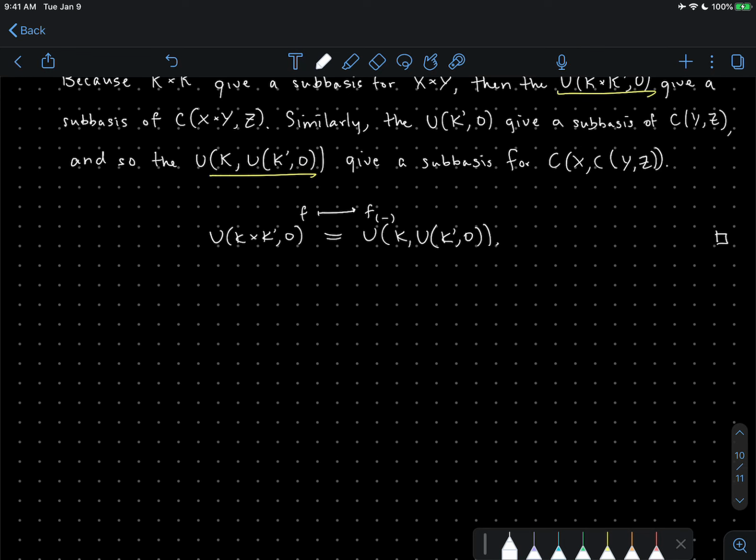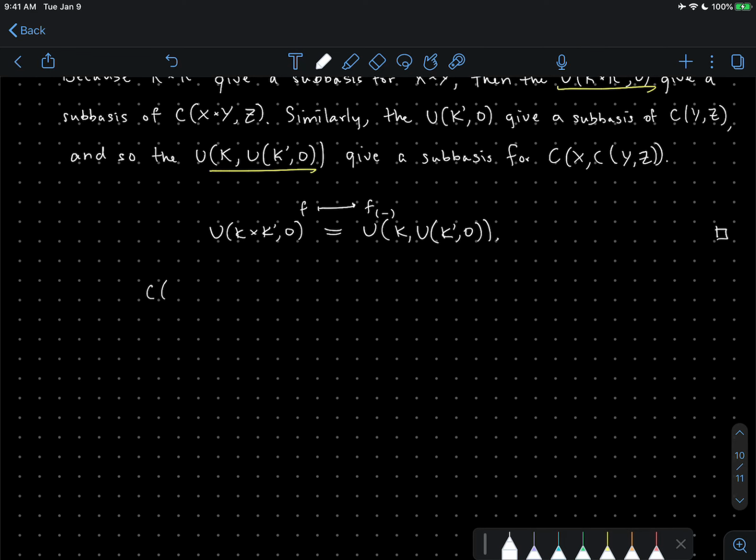It's called the exponential law because sometimes people write C from X into Y as Y upper X. This is a category theorist kind of thing, and so what this ends up saying is that Z upper X cross Y is homeomorphic to Z upper Y quantity upper X. So it's similar to ordinary arithmetic.